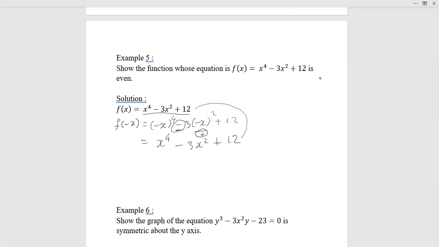Now, if you compare that with the original equation for f(x), you see these two right side expressions are the same.